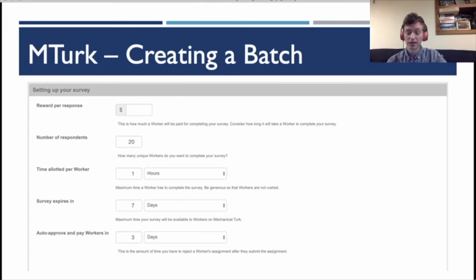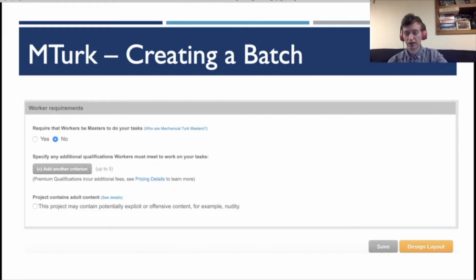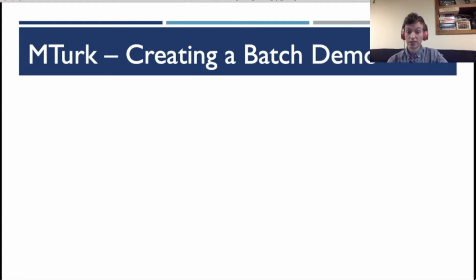There's really a lot of flexibility when you're creating a batch. And finally, again, I'll show this in the demo, is how we restrict workers, right? We're going to add qualifications and criteria for who can take our project. So let's actually take a look at how we might set up an Amazon batch.